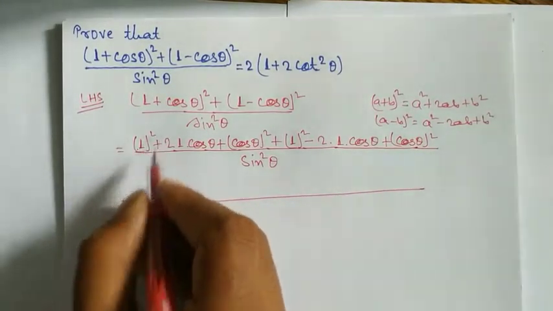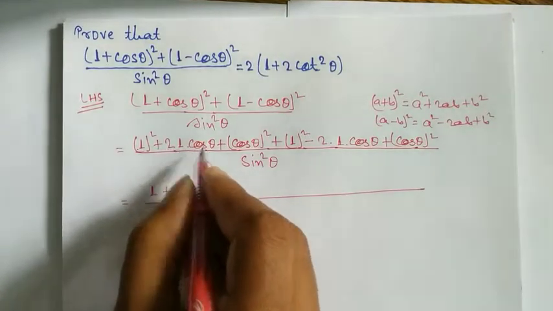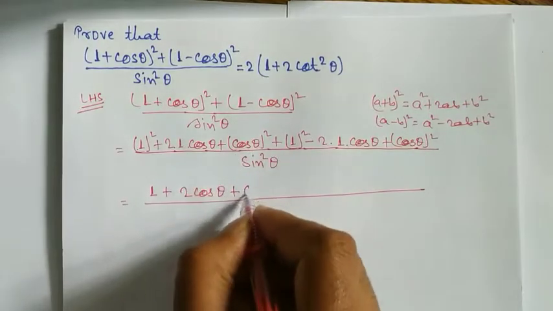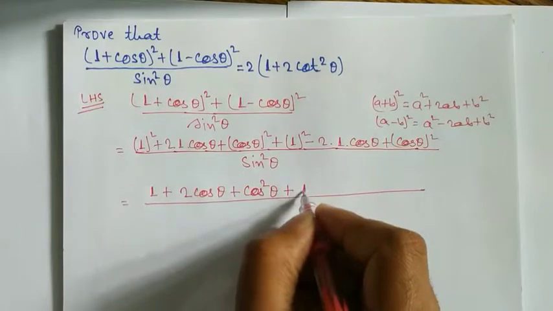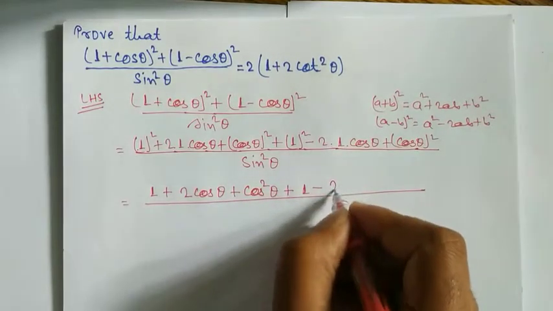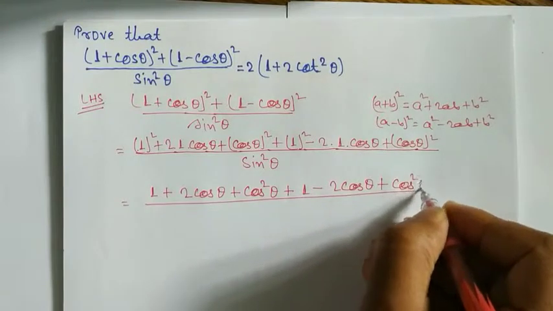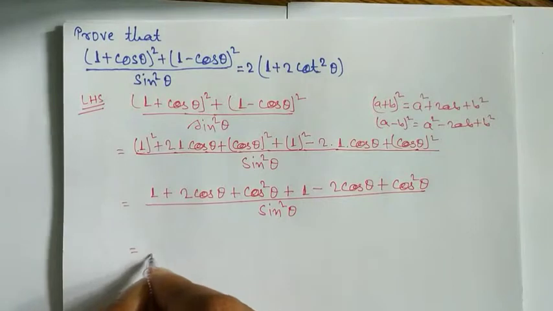Okay, 1 square, 1 into 1 means 1, plus 2 into 1 into cos theta means 2 cos theta, plus cos theta whole square means cos square theta, plus 1 square, 1 minus 2 into 1, 2 cos theta plus cos square theta, by sin square theta.